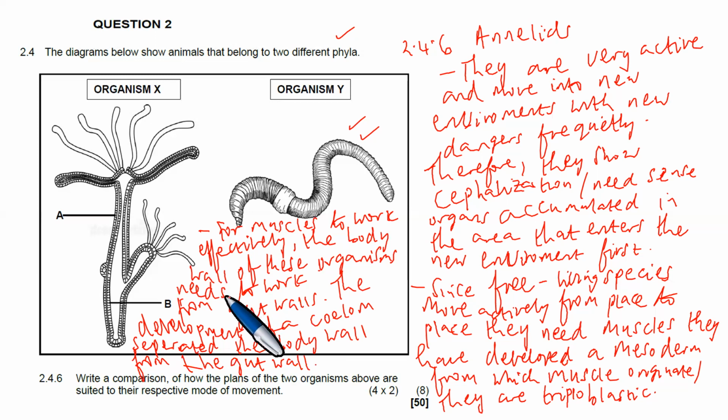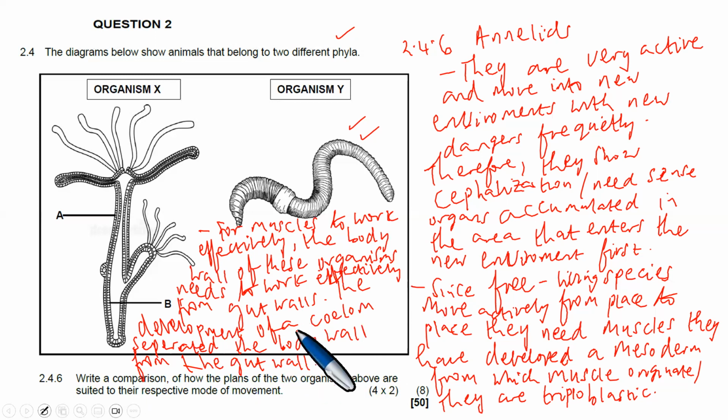The development of a coelom separated the body wall from the gut wall.